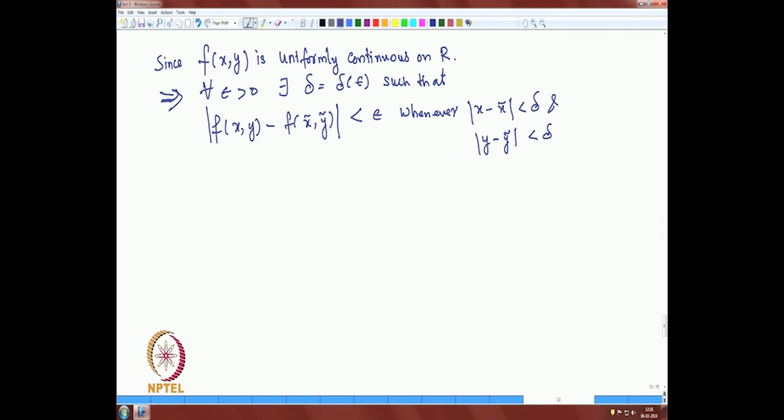This follows from the continuity, in particular uniform continuity, of f on R.